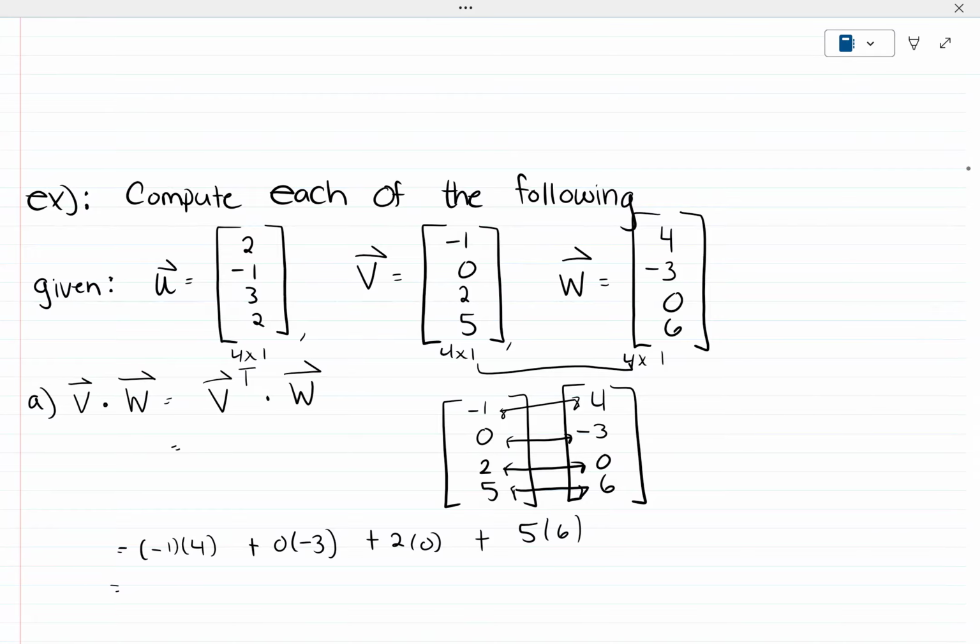When you do the algebra, -1 times 4 is -4, 0 times -3 is 0, 2 times 0 is 0, and 5 times 6 is 30.